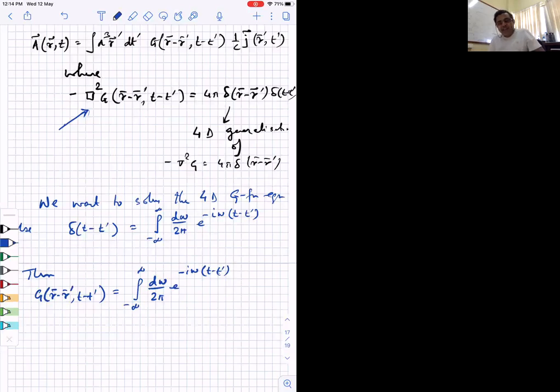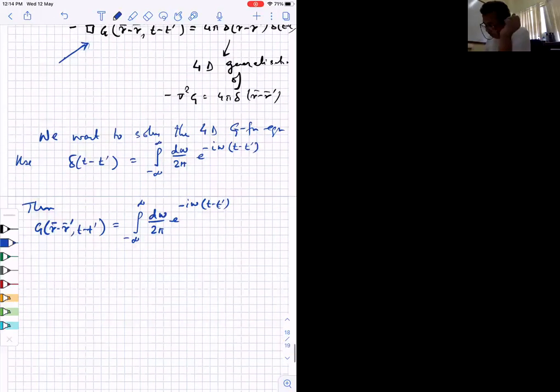So the Green's function has two parts: one is the three-dimensional part, and one is the extension with time, which we have written like this. The total thing is an integral of these two convoluted together, but I can write down this three-dimensional part, which just depends on R.